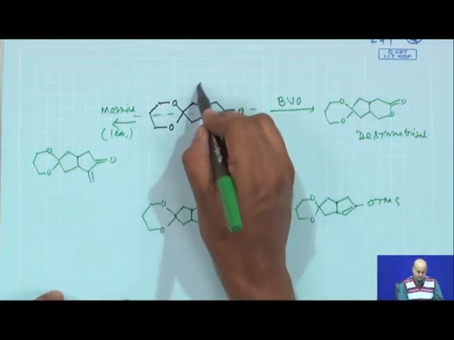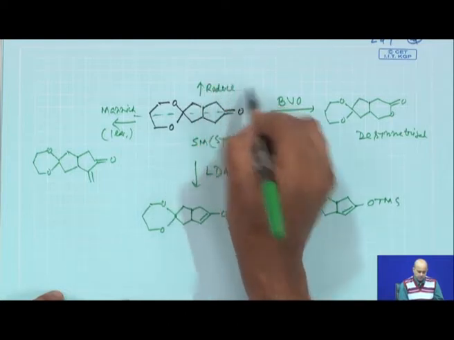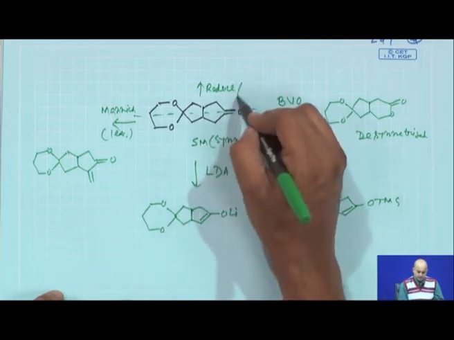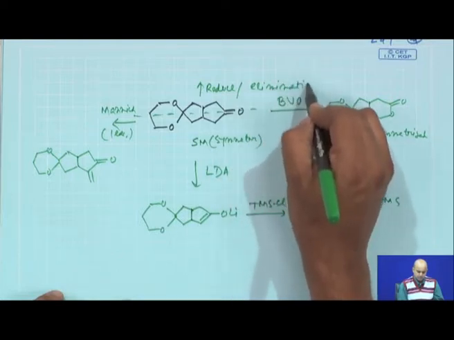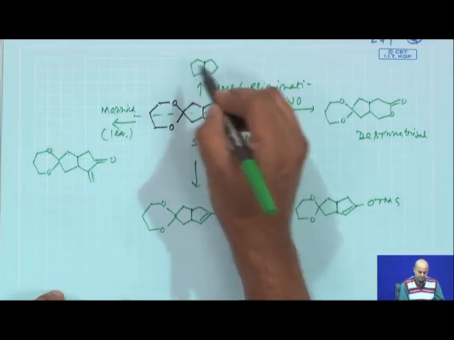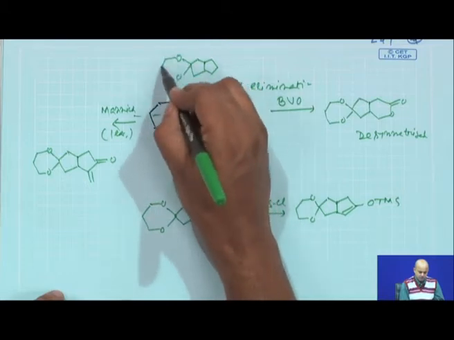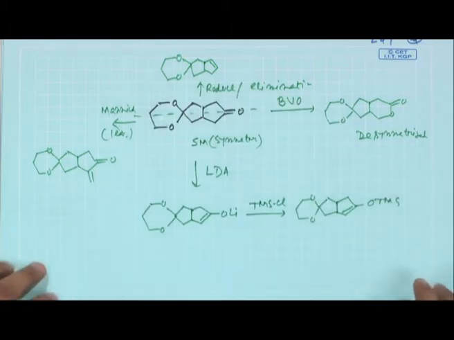The initial starting material you can simply reduce, do the reduction followed by simple elimination, you can create the alpha beta unsaturation at this point or this point. So, this is the way basically you can take a symmetrical starting material and you can just disturb its symmetry through a proper synthetic transformation.